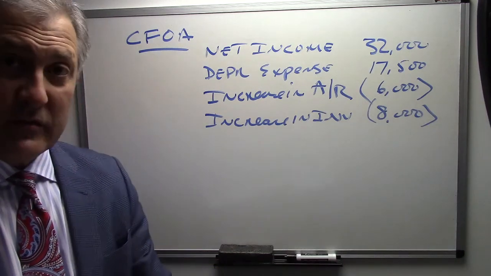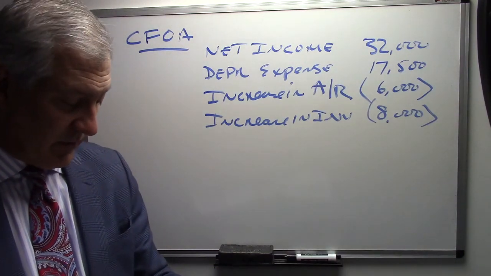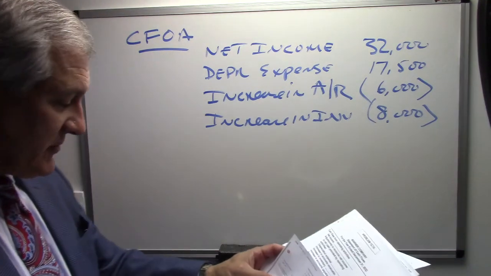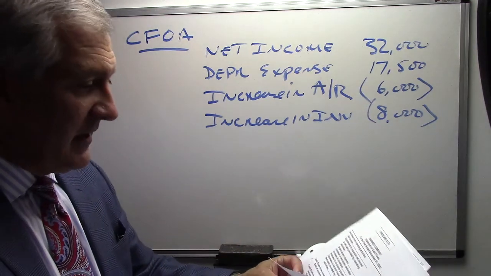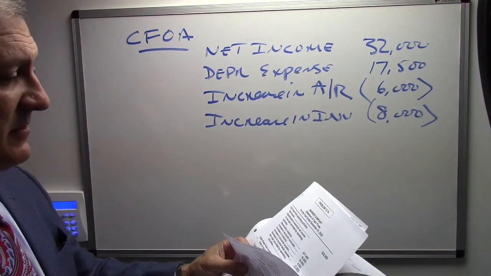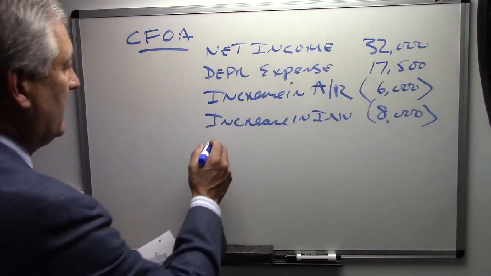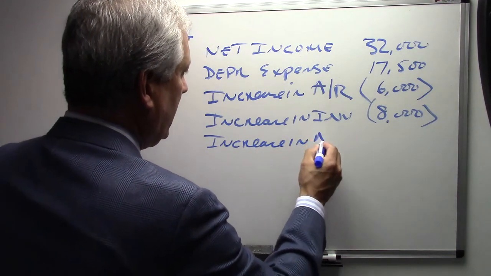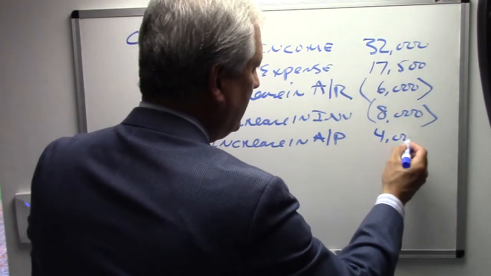Accounts receivable and inventory are the only two current assets. Everything else is long-term. Let's then go to the liability section, and we look at accounts payable. Accounts payable goes from $15,000 to $19,000. It's an increase of 4. We're going to add that back. Increase in accounts payable. We're going to add the $4,000.